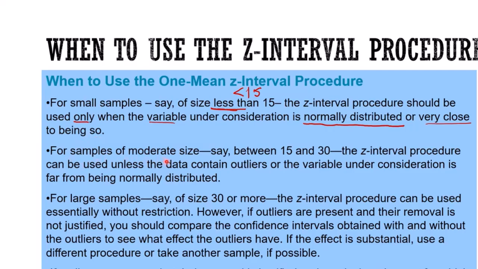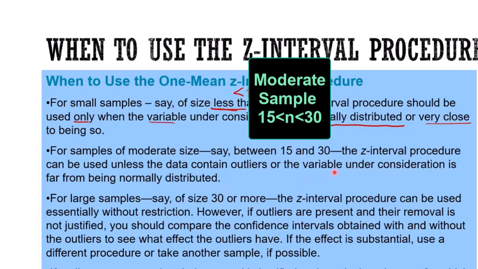For samples of moderate size, say between 15 and 30, the z-interval procedure can be used unless the data contain outliers or the variable under consideration is far from being normally distributed.